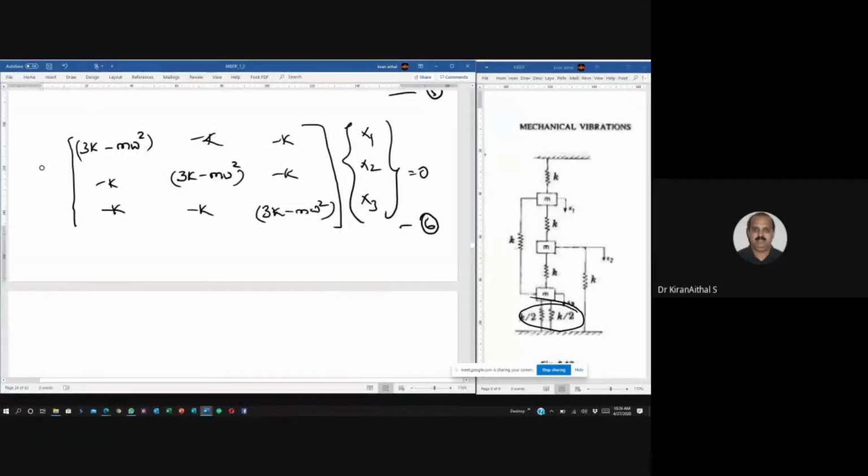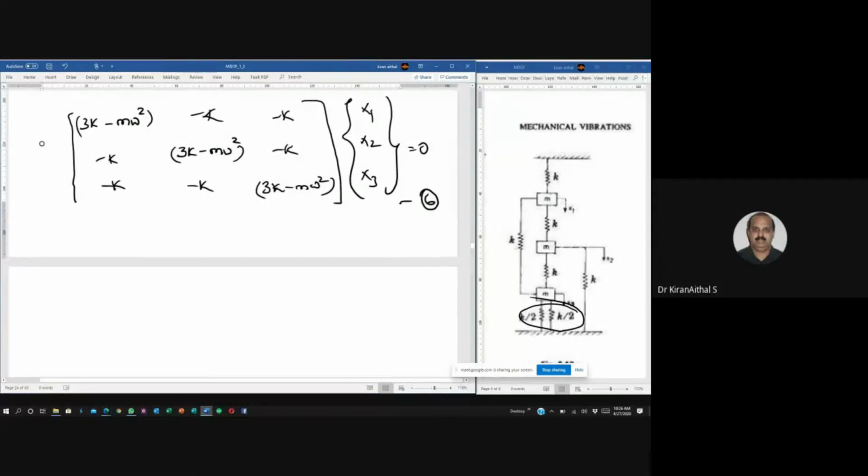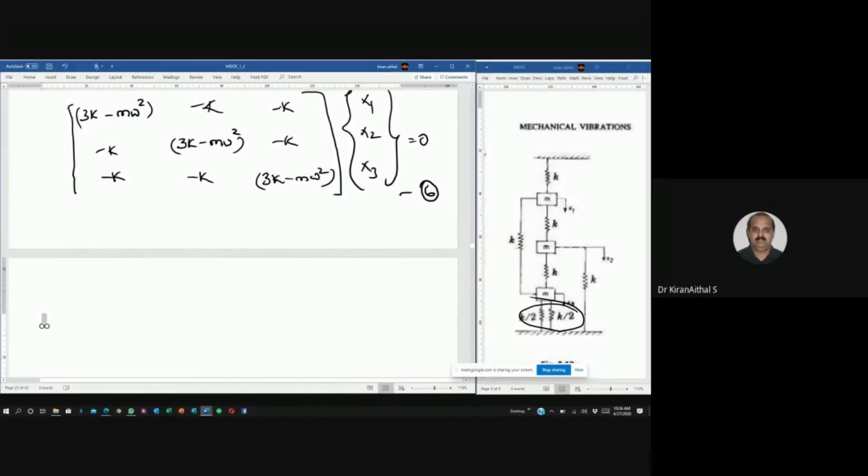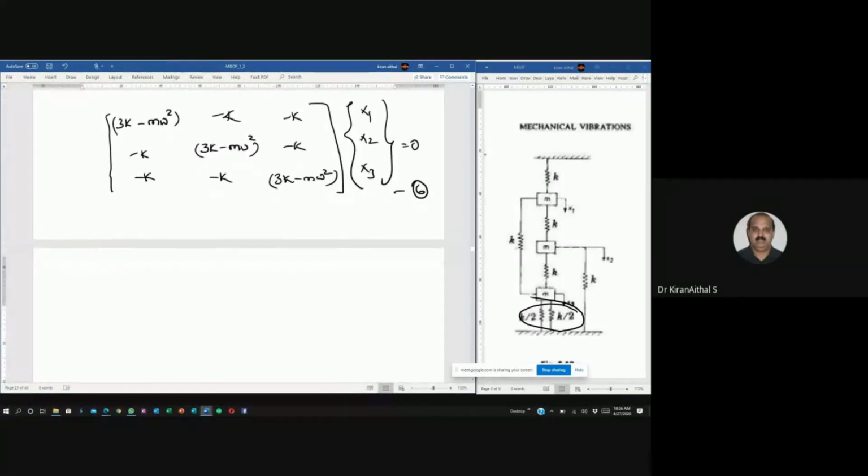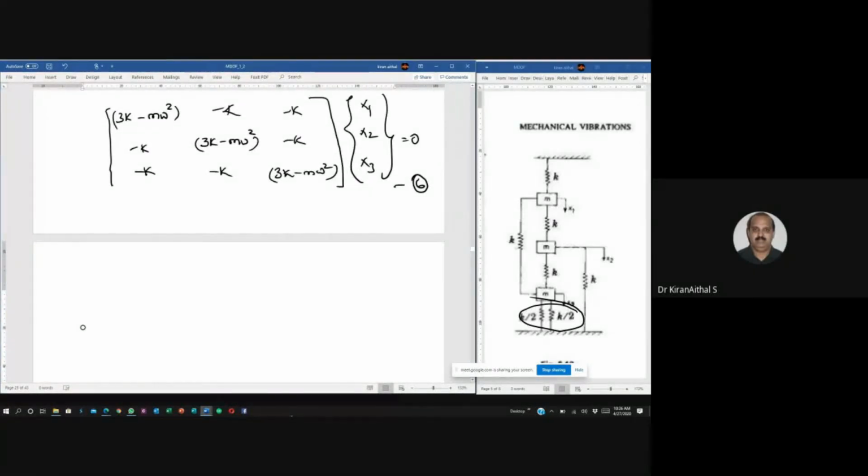So now once I got this, what is the next part? I have to get the determinant of this, right? So whatever equation I have got here, I will write it out: 3k minus m omega square, 3k minus m omega square, 3k minus m omega square, with minus k in all the other positions.